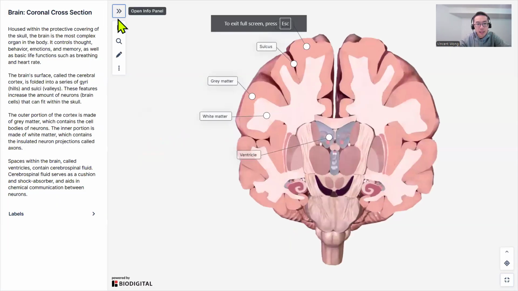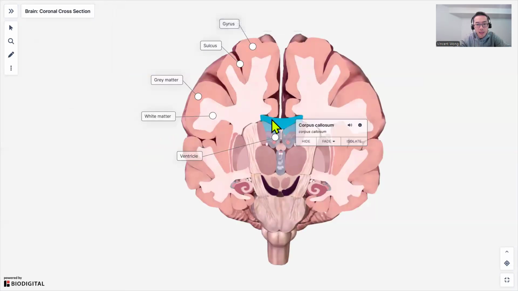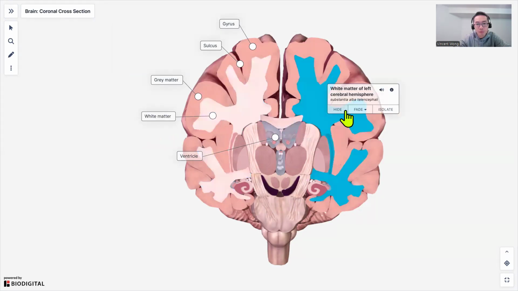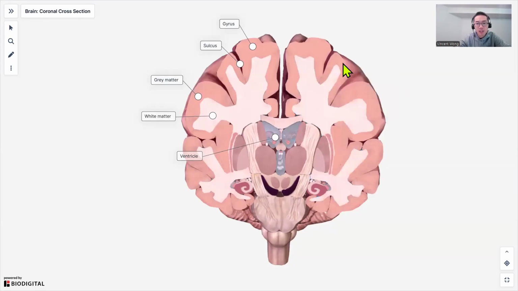So in the other model, we're just looking at a bit of a corpus callosum, but the corpus callosum actually is connected to a vast network of white matter. So all these white matters are cables, right? So if this part of the brain wants to communicate with this part of the brain, it's going to have to send a signal through the white matter and then through the corpus callosum, and then it will go to the other side of the hemisphere, okay?